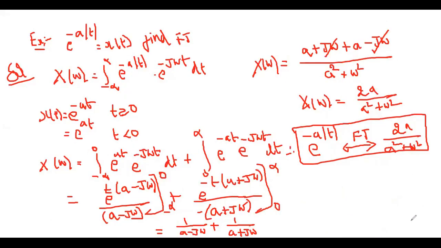Then you can find the Fourier transformation of the signal x(t) = t·e^(−at)u(t). Got it, my students? Find the Fourier transformation; the t is multiplied now.